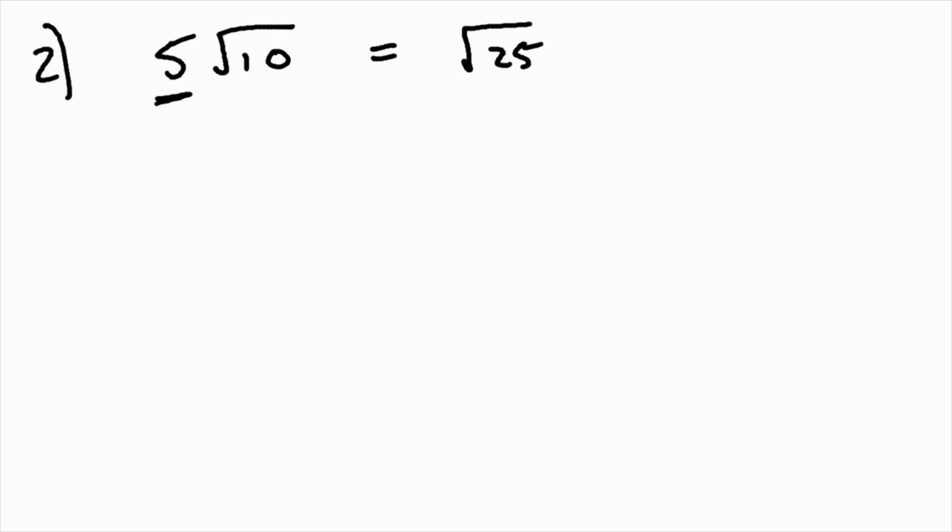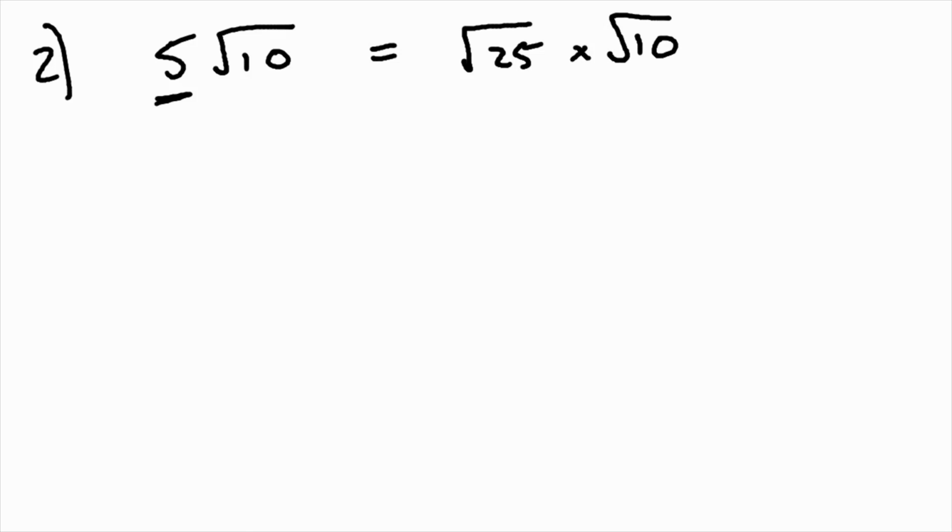How about we go the opposite direction? How about this time we've got 5 root 10 and we want to write it as a surd without anything on the outside. So, how can we express 5 as a square root? Well, we can express this as the square root of 25, because that's the same as 5.